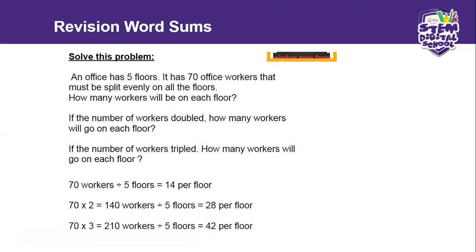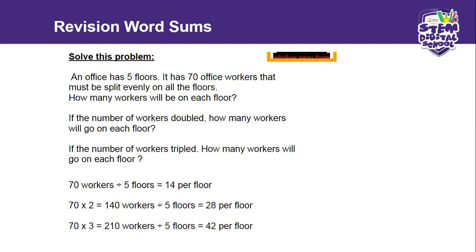And for us to split them or share them equally amongst the floors, same procedure, 140 divided by 5 floors, and it gives us 28 per floor.